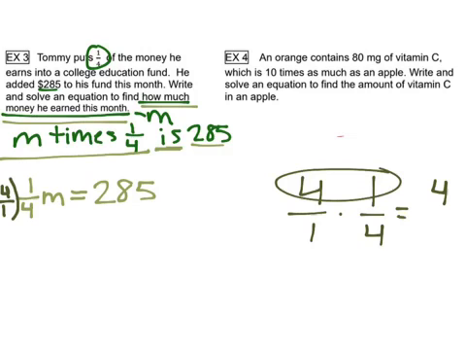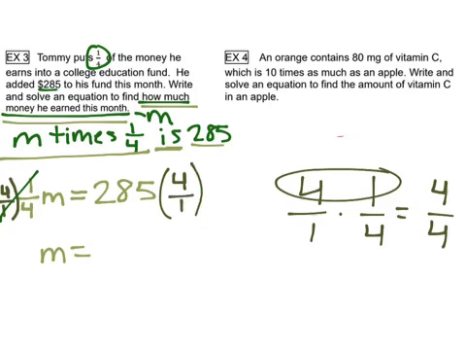Multiply the bottoms, 1 times 4 is 4. So that's 4/4, which becomes a 1. And that's how we get rid of that part. So we have M equals, and whatever we do to the left side, we have to do to the right side. So we're going to multiply by 4/1, which is the same thing as multiplying by 4.